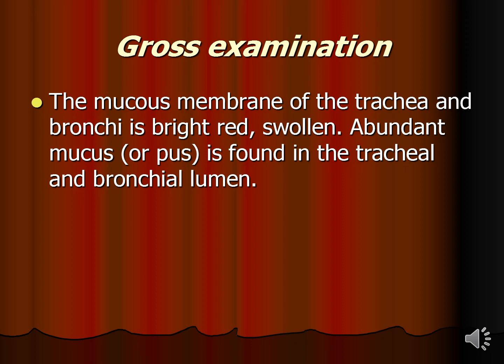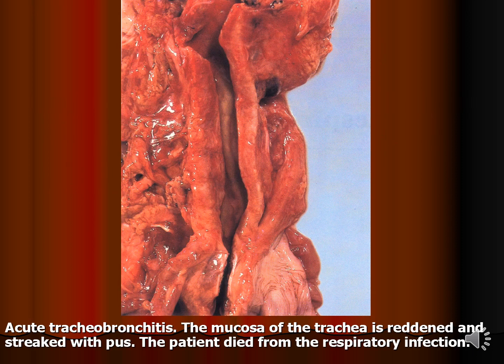But when we look at the bronchi, we see the mucous membrane of the trachea and bronchi is bright red, swollen. Also, we see abundant mucus or pus in the tracheal and bronchial lumen, and we'll see it closely. Look here. Here you see the cross specimen of the trachea and soft tissue next to it.